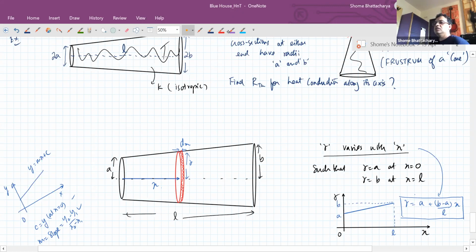Now, the heat is flowing in which direction? The heat is flowing in this sort of direction, so the heat is cutting across the thickness dx of that thin disk.